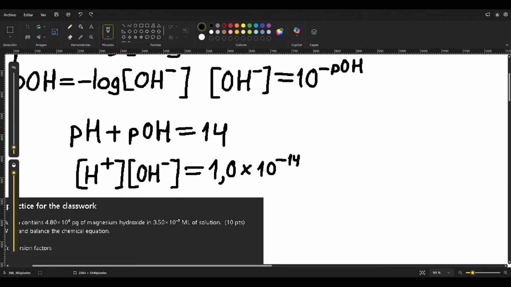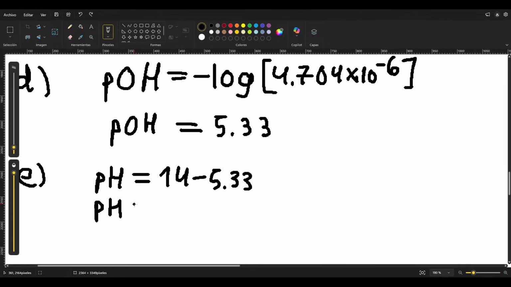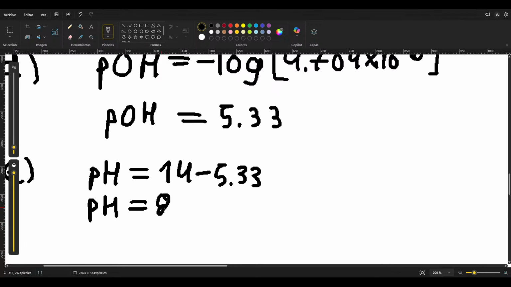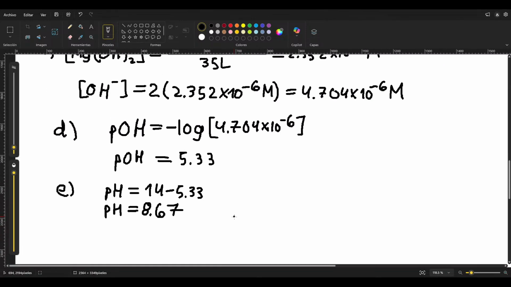If we isolate for pH, it's 14 minus the pOH. And this is going to give me like 8.67, 8.57 pH.